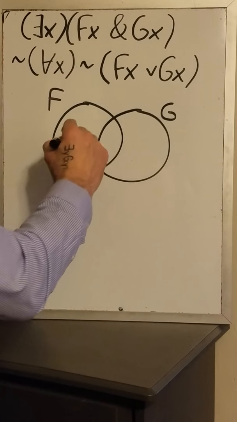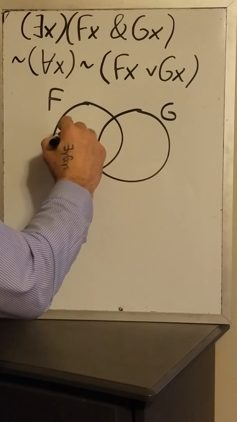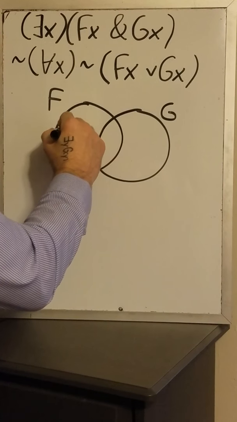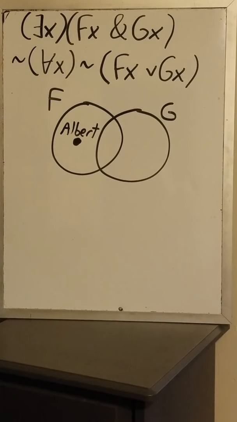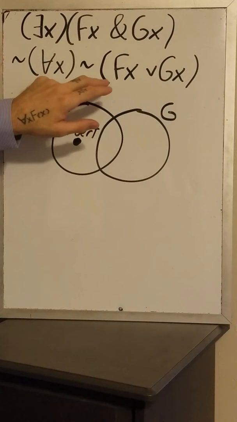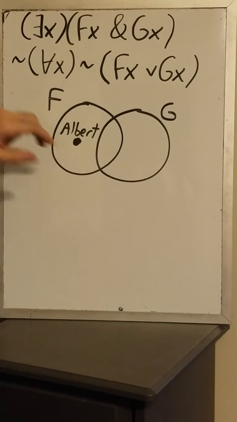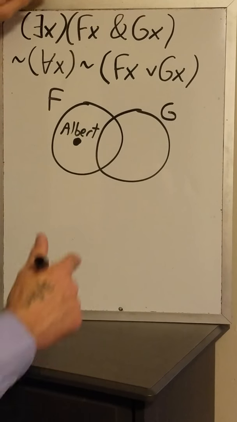So that's easy enough. Let's just put something here. Albert is F. And this is false. There's nothing that's F and G. And now this is true. Not everything is not F or G if something is F. So these are not quantificationally equivalent.